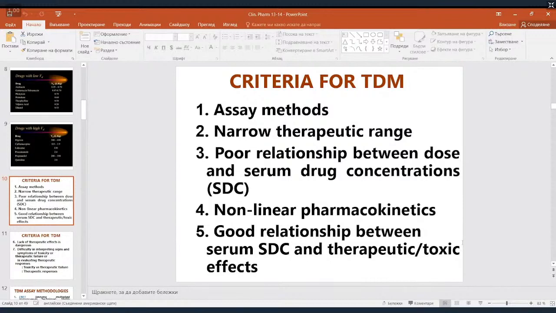When it's very low, it's going to have no effect at all, or very small effect. And when it's in the middle, it's going to have a therapeutic effect. If we don't have a relationship between the drug's concentration and the therapeutic or toxic effect, then there is no reason to do TDM, because we cannot assess our therapeutic options of how to change the drug's dosage based on the drug's concentration and the drug's effectiveness, because they are not related.